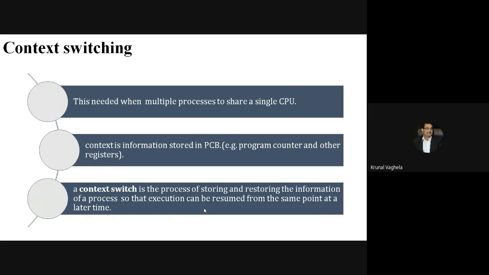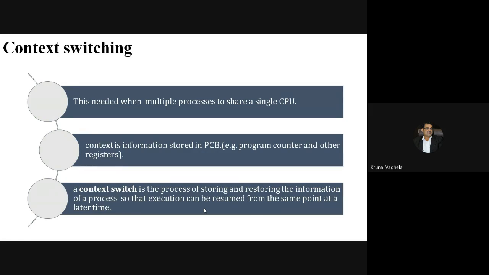So context is the information stored in the PCB that we have seen. Context switch is the process of storing and restoring the information of a process so that execution can be resumed from the same point in time later. That we have already discussed. For example, we have seen P1 and P2. P1 is running and P2 is ready.